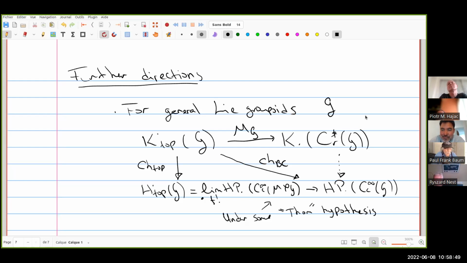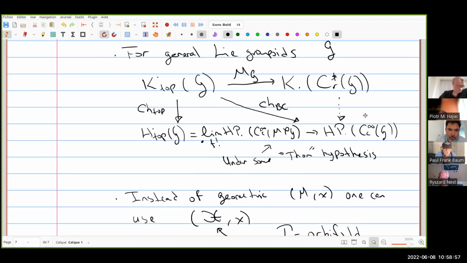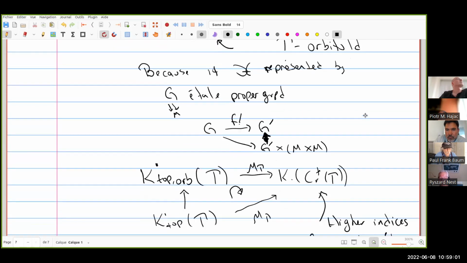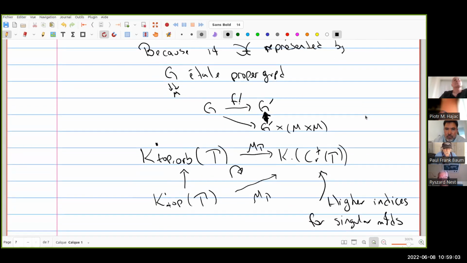But with the orbifold group, you can develop this group with orbifolds instead of manifolds. And then, of course, you get a map from the group using manifolds to the group using orbifolds. All of this is happening on the left side of the conjecture. So we have this vertical arrow from the group using manifolds to the group using orbifolds.